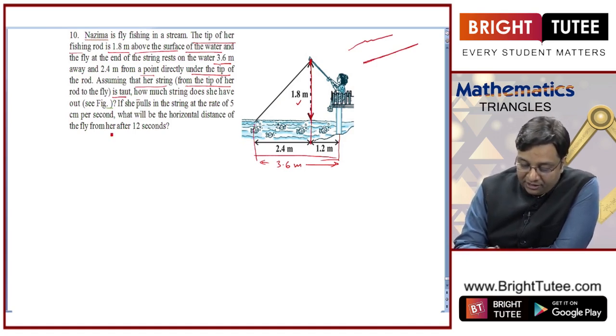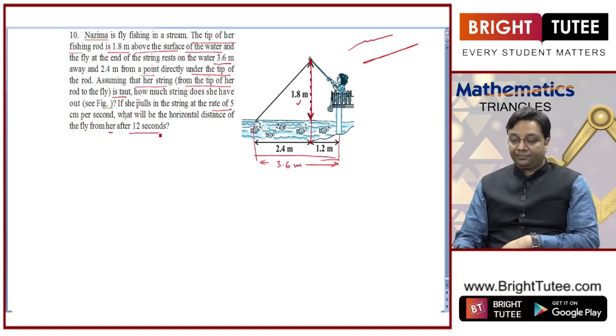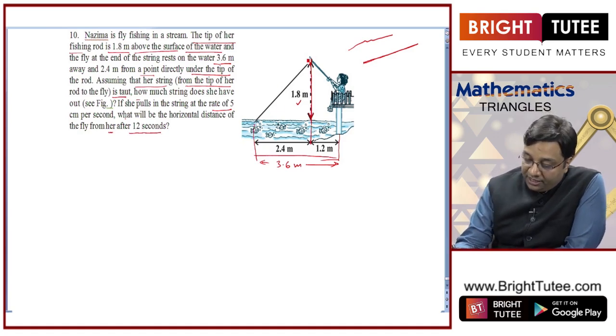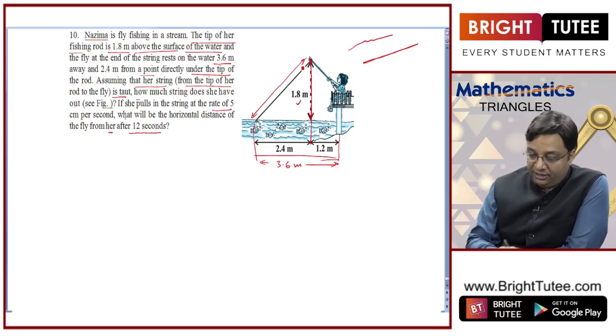How much string does she have out? If she pulls in the string at a rate of 5 centimeter per second, what will be the horizontal distance of the fly from her after 12 seconds, right? So the first thing that I need to find out is the length of the string that is out, right?